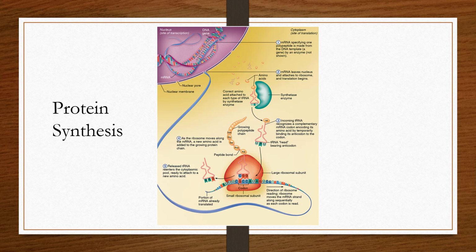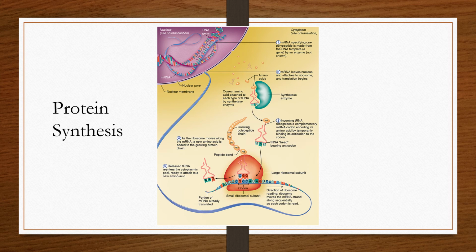So translation is the phase of protein synthesis where the language of the nucleic acids, that base sequence, is translated into the language of the proteins, so the amino acid sequence. And translation occurs in the cytoplasm and involves all 3 major varieties of RNA. Translation consists of the following series of events, which is illustrated in steps 2 through 5.